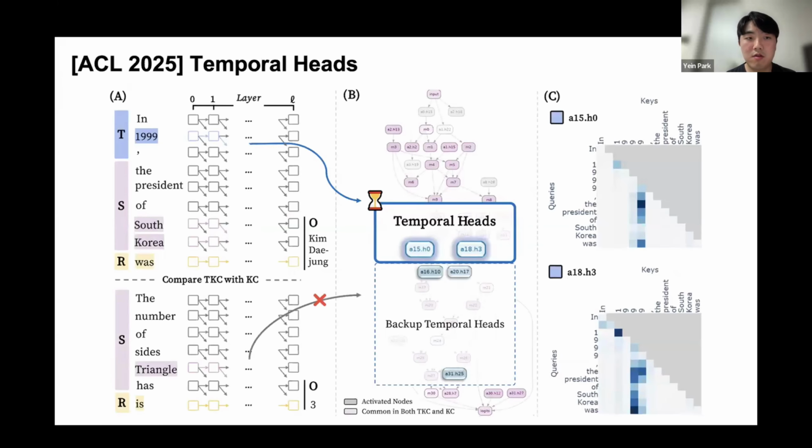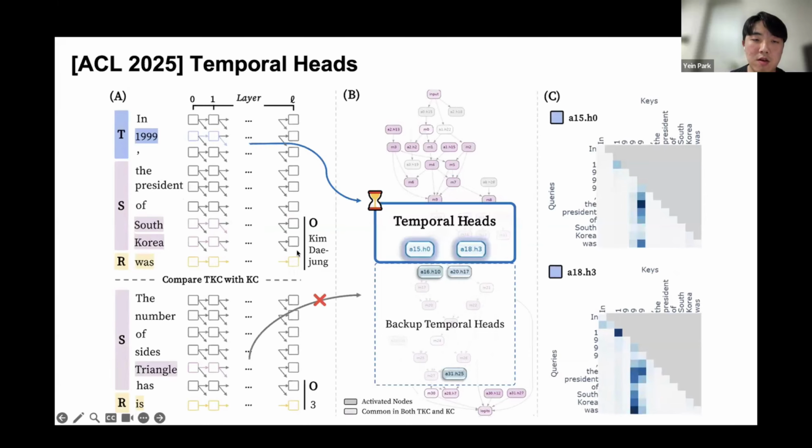I would like to start with the motivations, which come from my previous research, named temporal head, which distinguishes specific attention heads for only considering temporal constraint knowledge.